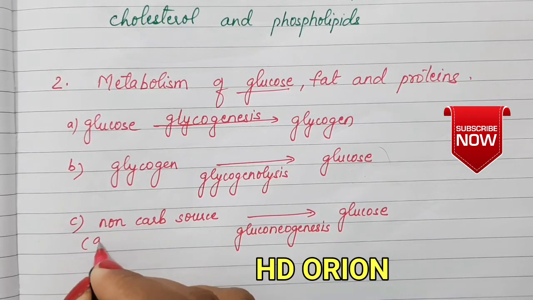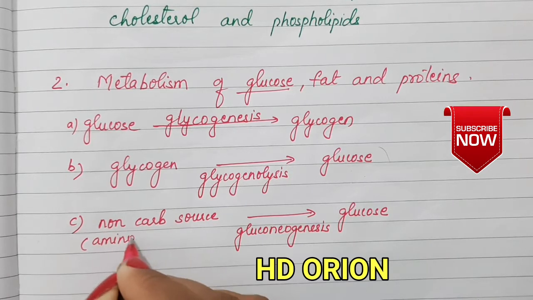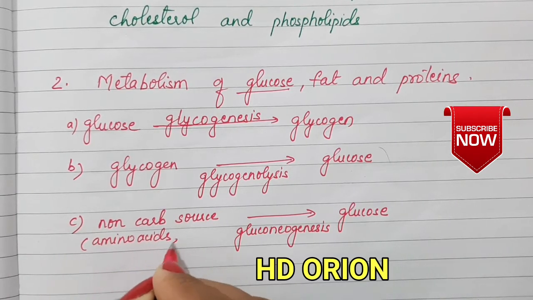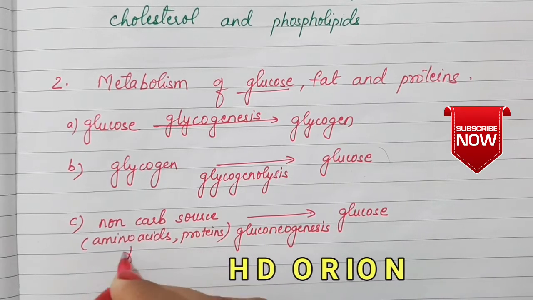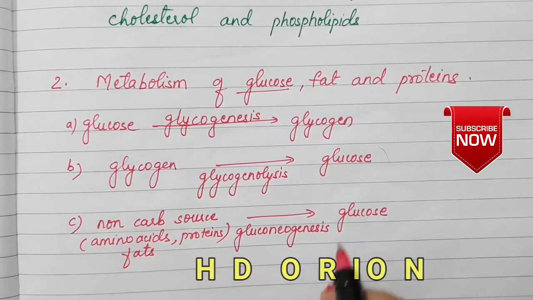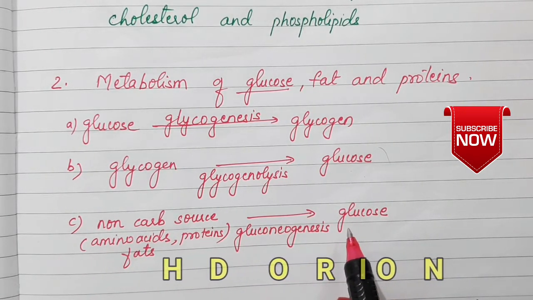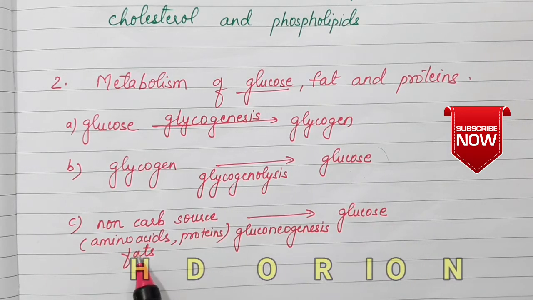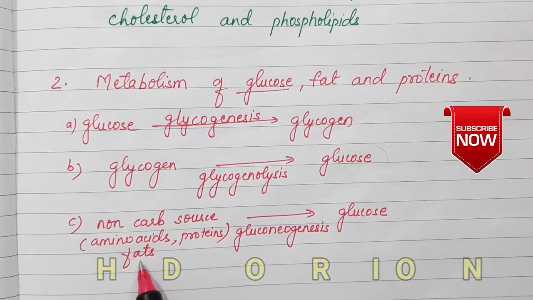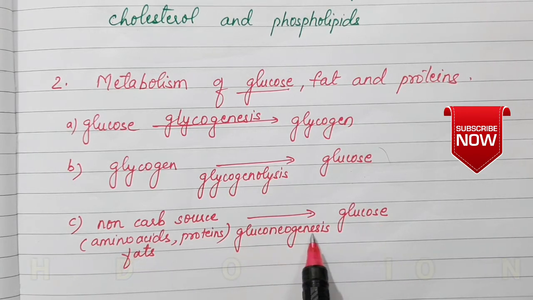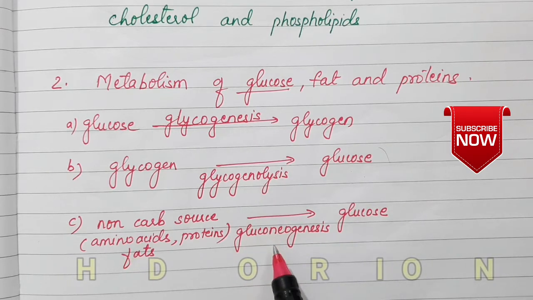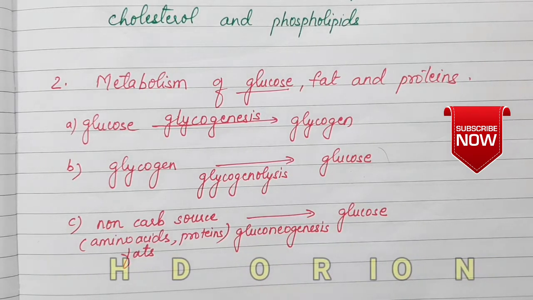It can be either amino acids, proteins, and fats. Glucose is so important for the body. So when there is no carbohydrate intake, from the amino acids, proteins and fats also, the glucose can be synthesized by the process of gluconeogenesis. This also takes place in the liver. So the three processes are involved in the metabolism of glucose.